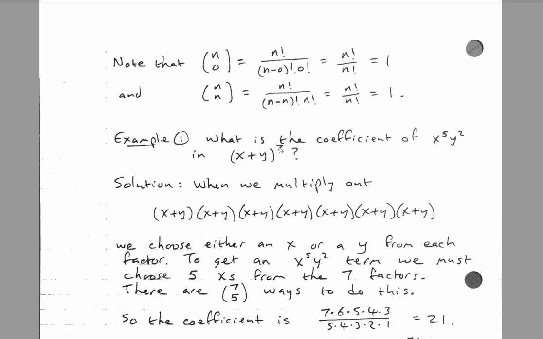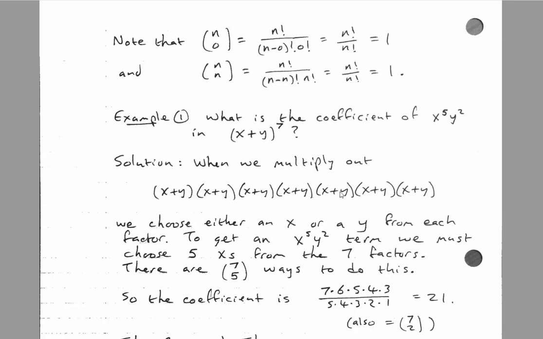So x plus y to the power of 7, so we have 7 of these factors, x plus y. Now when you multiply this out, each factor contributes either an x or a y to each term.